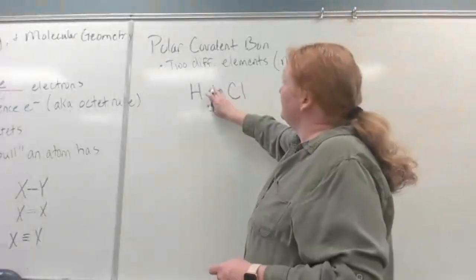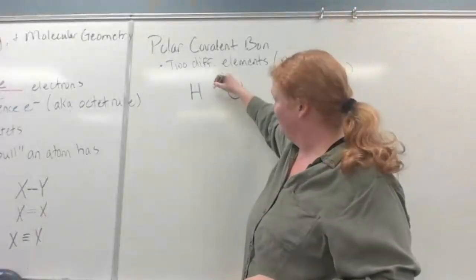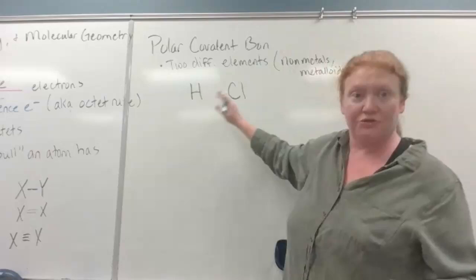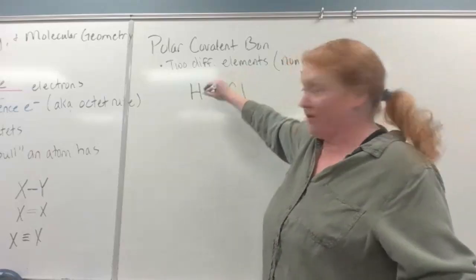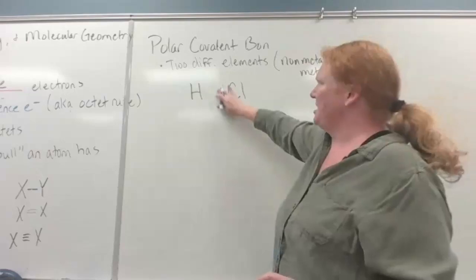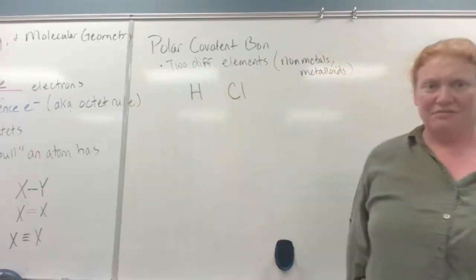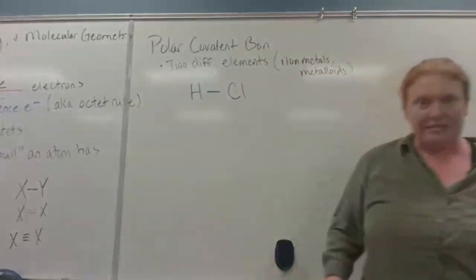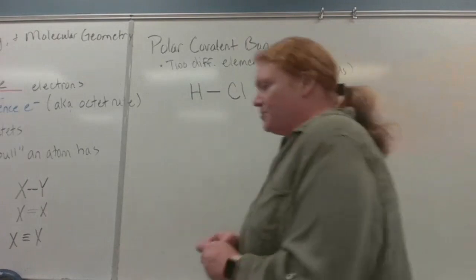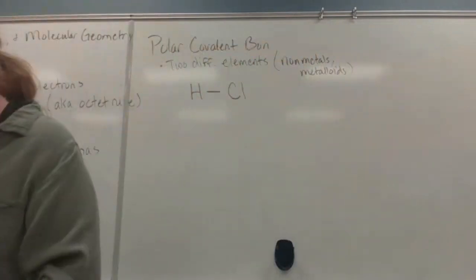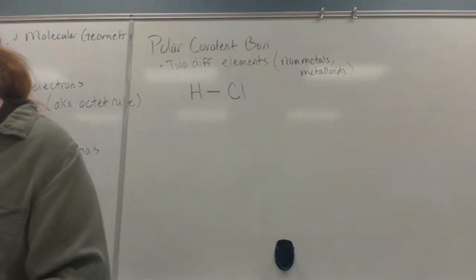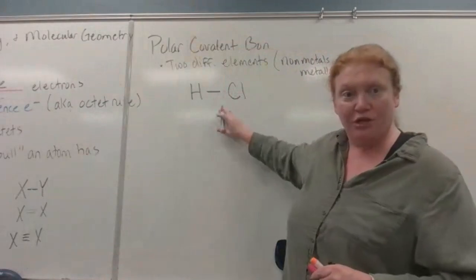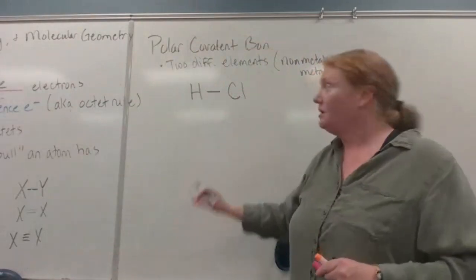And so these electrons are not dead center between the 2 atoms. They are actually a little closer to the chlorine. But see, with the dots, that doesn't come across very well. It almost looks like it's not even shared with the hydrogen at all. So what we do is draw our single line, and then we draw special symbols on our elements that indicate which one is the more electronegative.